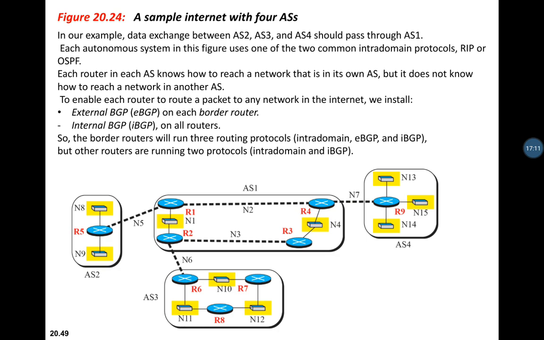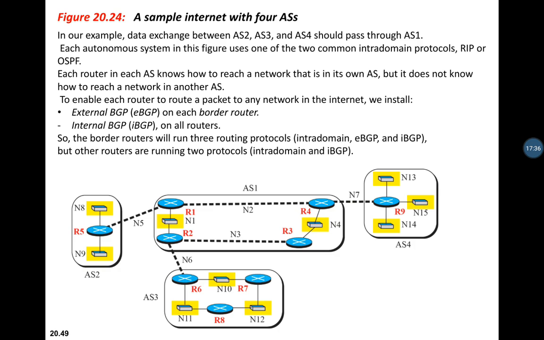And here each autonomous system uses one of the 2 common intra-domain protocols. Either it can use RIP or it can use OSPF. Each router in each autonomous system knows how to reach a network that is in its own autonomous system, but it does not know how to reach a network in another autonomous system.